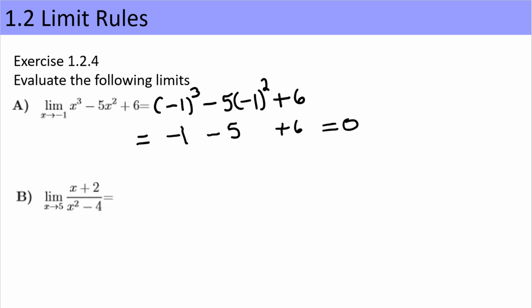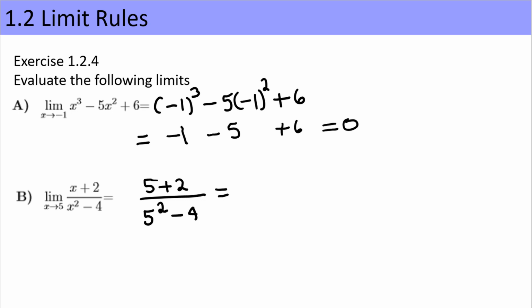The limit as x approaches 5 of the numerator x plus 2 divided by the denominator x squared minus 4. This is a rational function or rational expression. Numerator and denominator are both polynomials, so we essentially just evaluate at 5. So we will have 5 plus 2 divided by 5 squared minus 4.